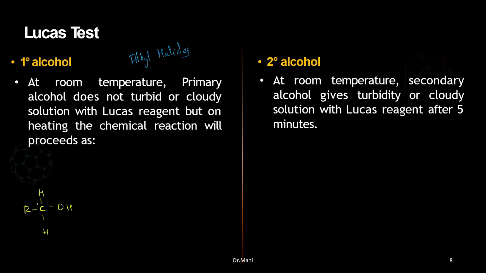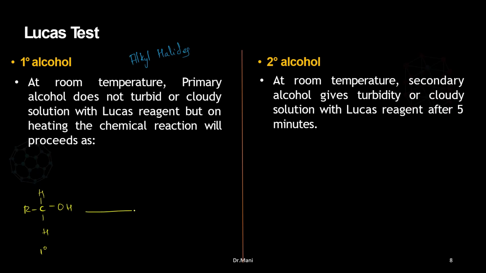So what kind of carbon is this? It is attached to just one R group, one carbon. So we call this the primary carbon. Understood? And the functional group attached to the primary carbon, we call the primary alcohol.